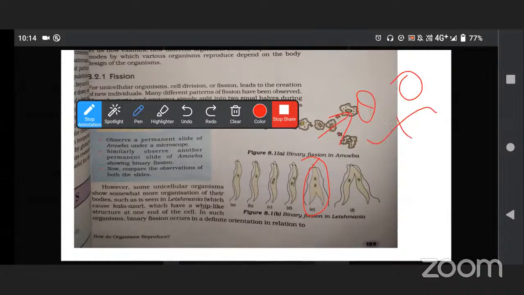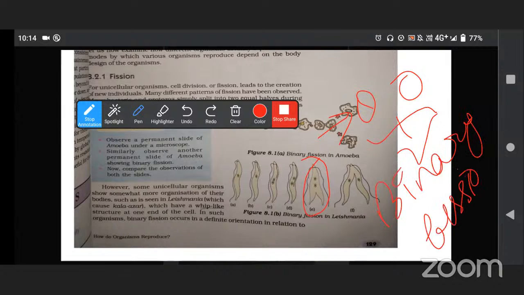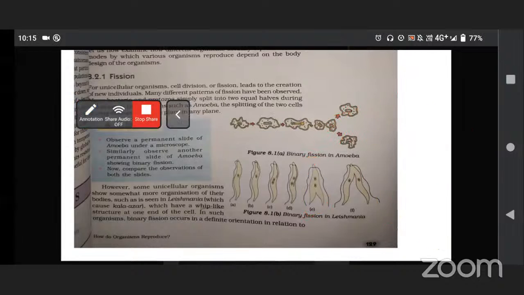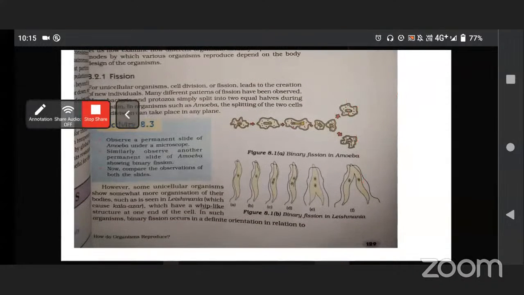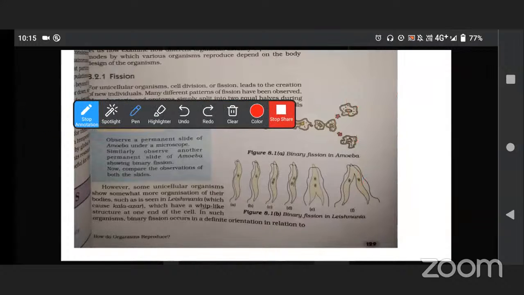Because of forming two new individuals, it is known as binary fission. Binary means two, and fission means cell division. So what are two examples of binary fission? One is Amoeba and another one is Leishmania.